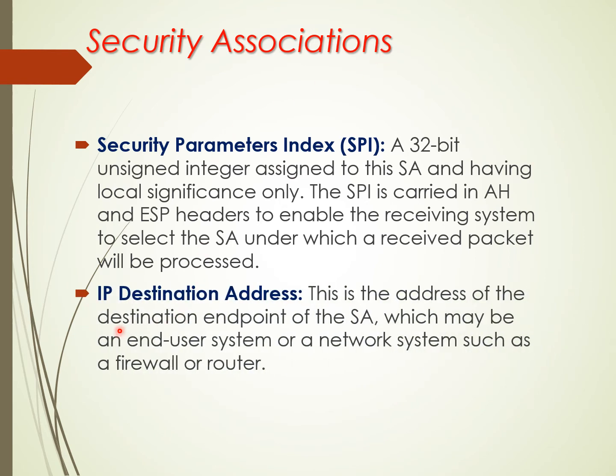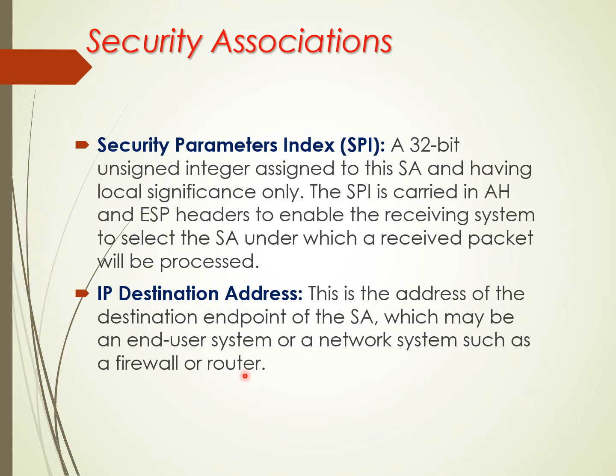Another parameter is the IP destination address. This is obviously the IP address of the receiver. This is the address of the destination, that is the endpoint of the security association, which may be on the end user system or a network system such as a firewall or a router.